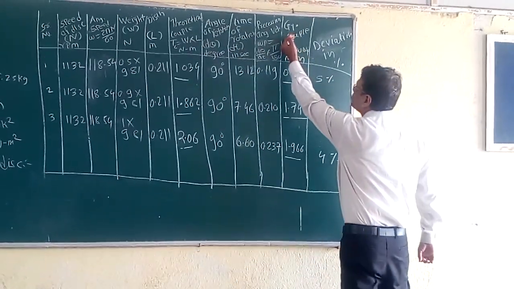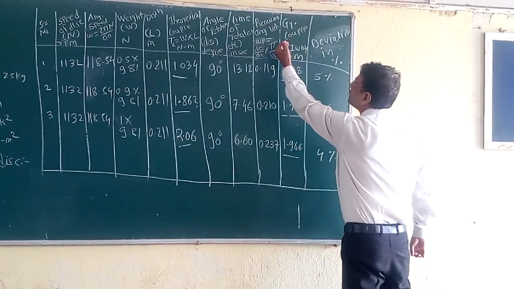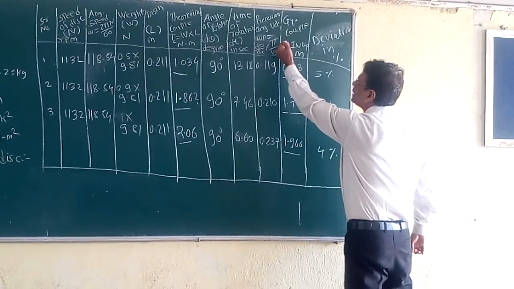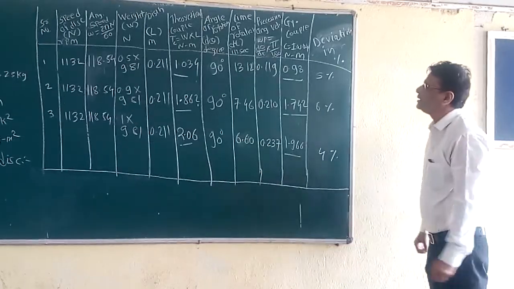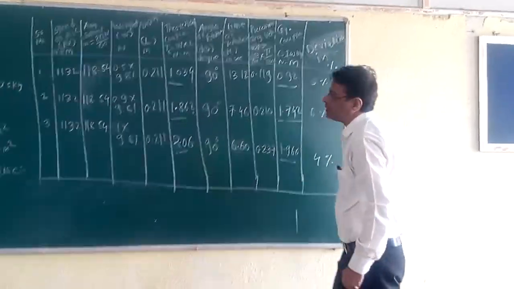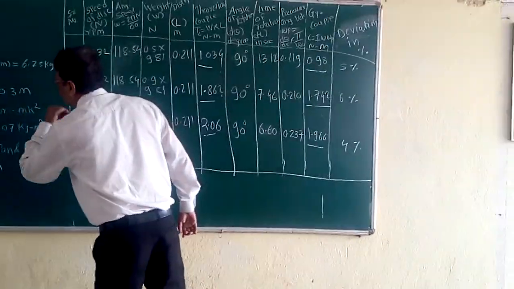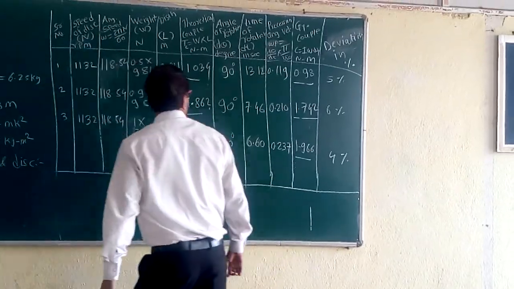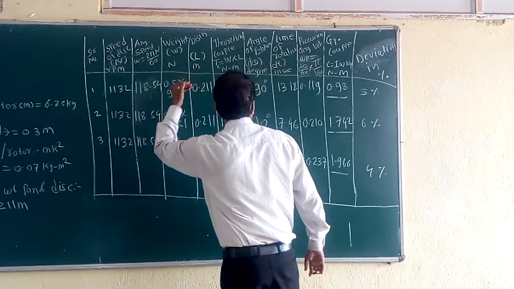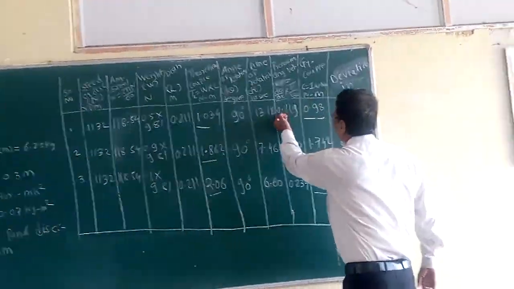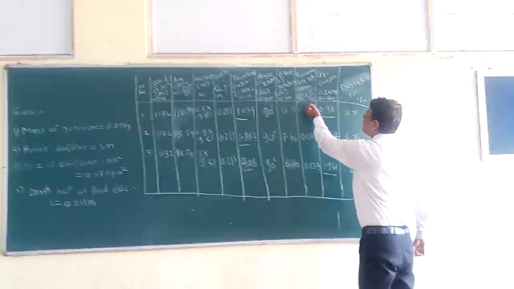So this is the gyroscopic couple. As we have discussed, this reactive gyroscopic couple is I into omega p. So I value has been given. This moment of inertia of the disc is 0.07 kg meter square. Omega is well known to you. It is 118.54, and omega p for first observation is 0.119.